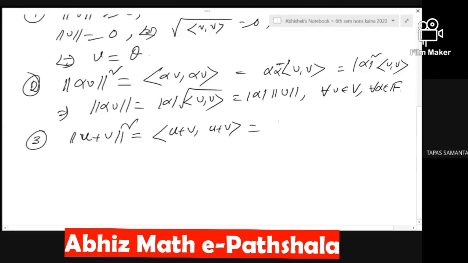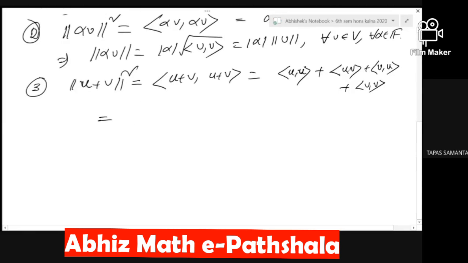Now just expand it, then it will be inner product u comma u, inner product u comma v, inner product v comma u, plus inner product v comma v. And then we have inner product u comma u plus inner product v comma v plus inner product u comma v plus inner product u comma v conjugate.